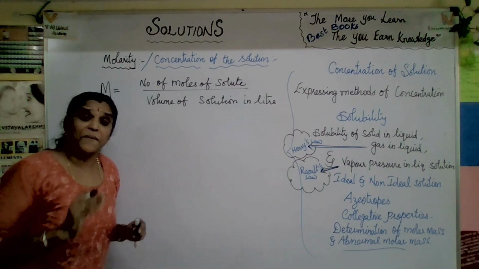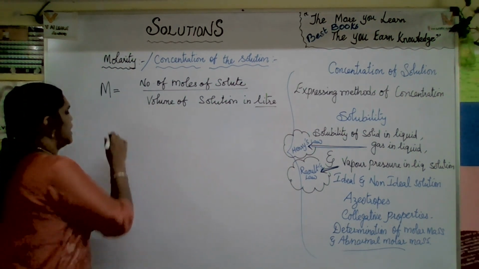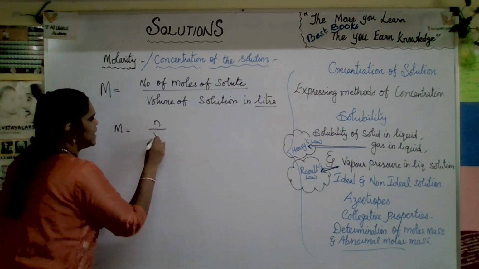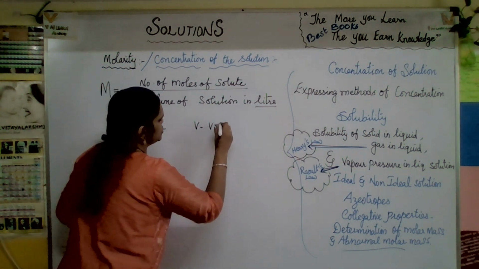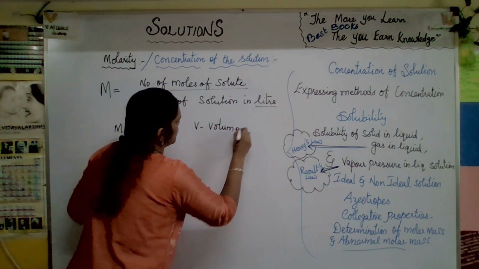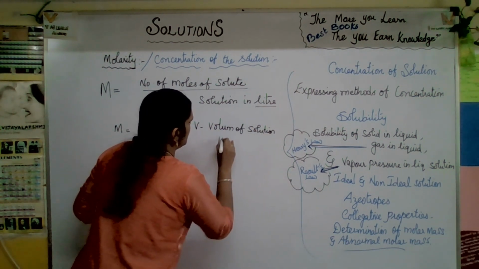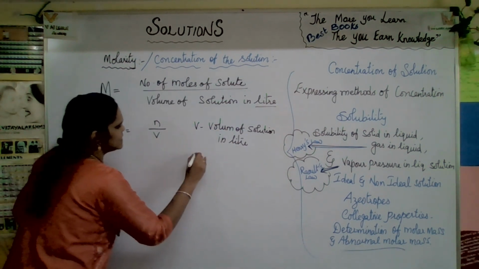Because we need measurement, that is the reason we have taken liter. Now capital M is equal to n by V, as I have written. V is what? Volume of solution in liter.